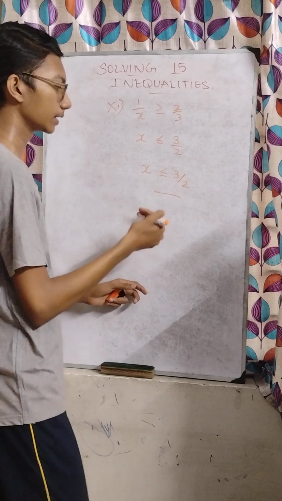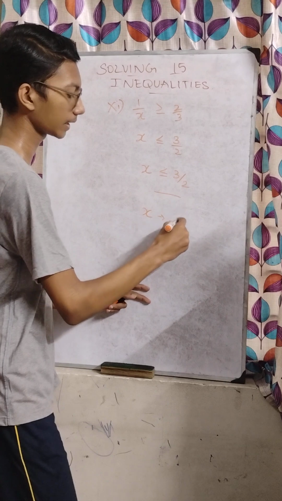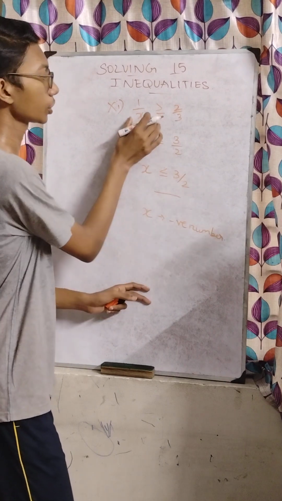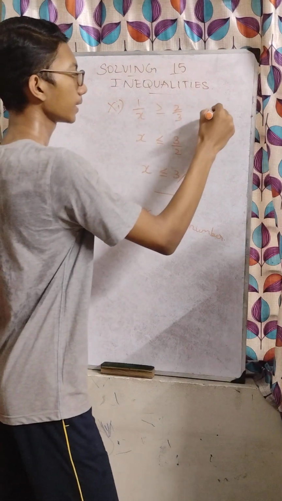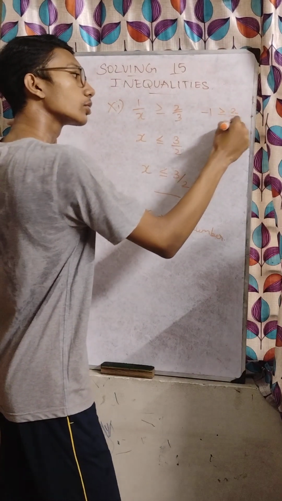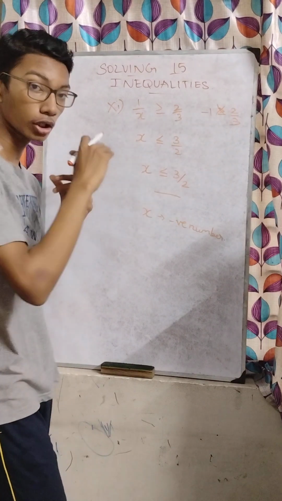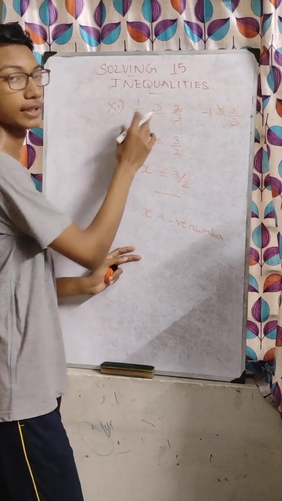The second part is, if x is any negative number, this won't work, because let's say we put negative 1 here. Negative 1 is not greater than or equal to 2 by 3. So x cannot be any negative number, and x can never be 0, because then it will become infinity.